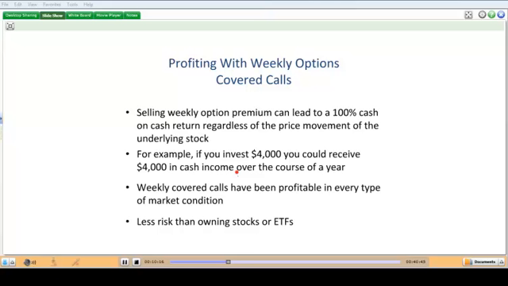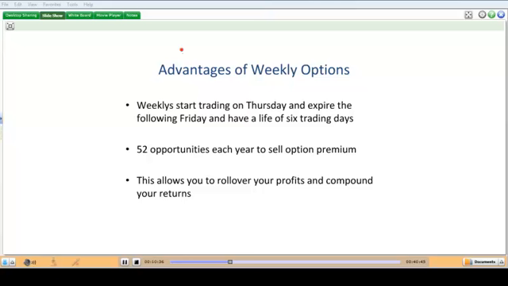So this weekly covered call strategy has been profitable in every type of market condition, and it incurs less risk than owning stocks or ETFs, because you collect this weekly premium each week in the form of cash that's credited to your brokerage account.